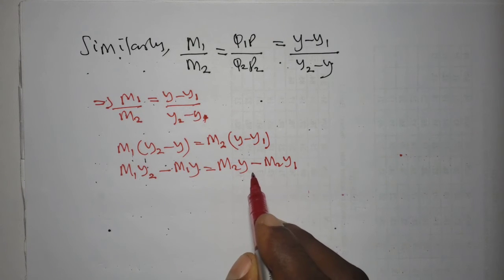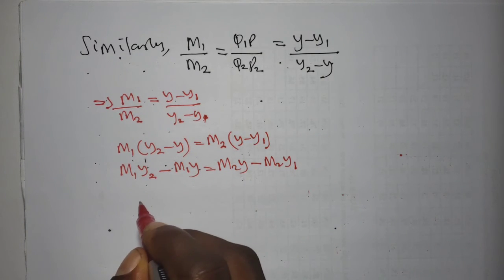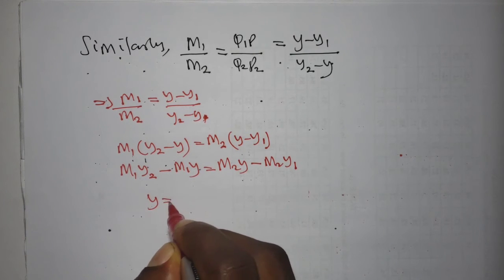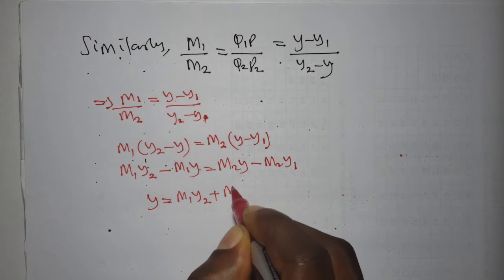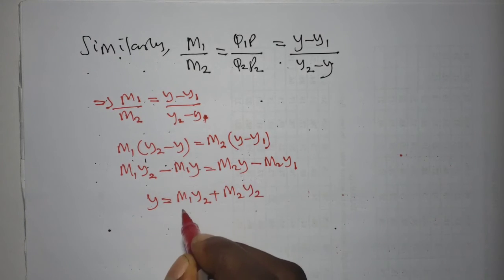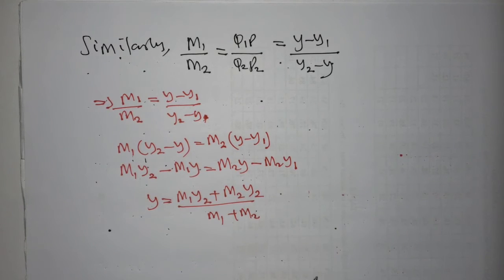Now if we factorize y from the right hand side and carefully do it, we're going to arrive at y equal to m1 y2 plus m2 y1 all over m1 plus m2.